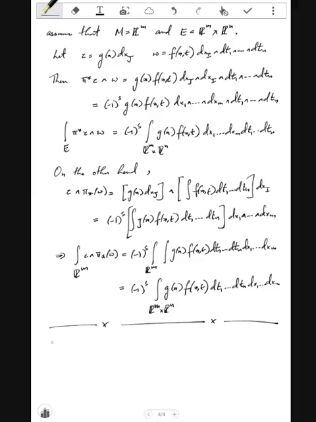Now let us prove the Thom isomorphism theorem.